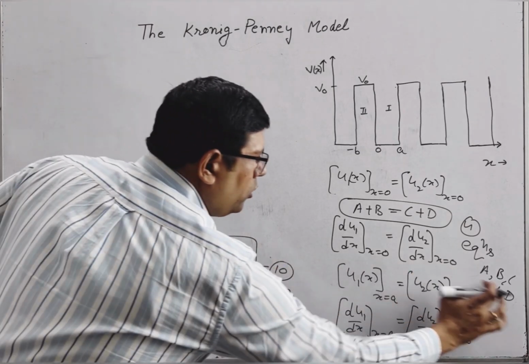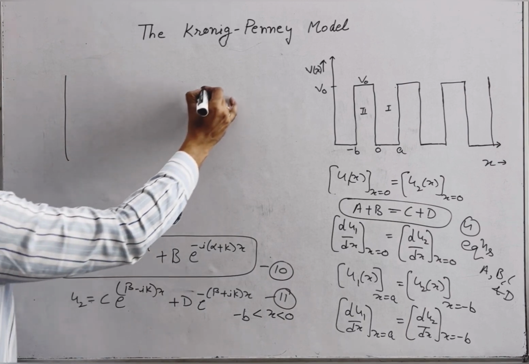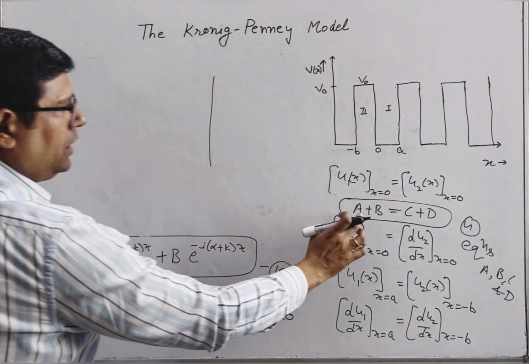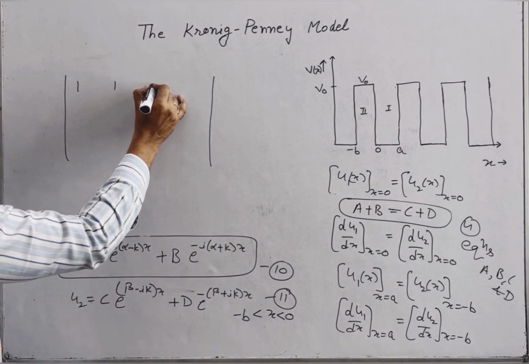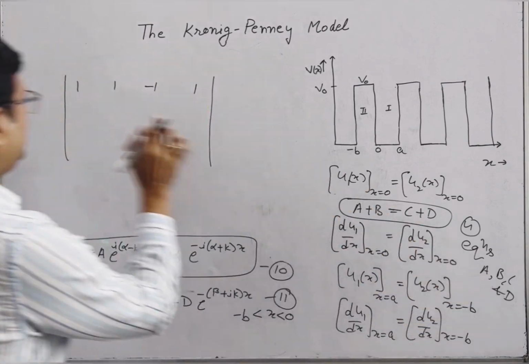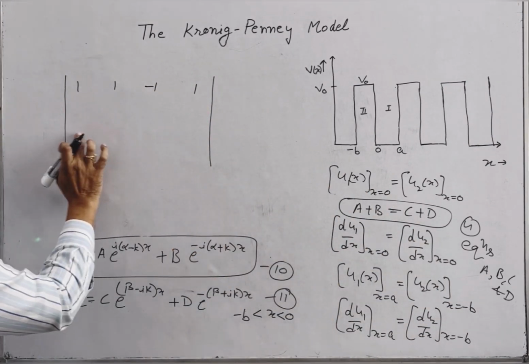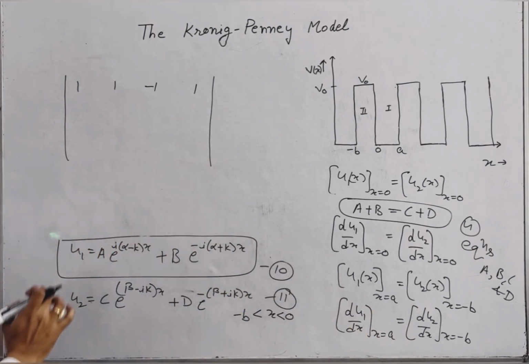From these four equations, we will take the coefficients of A, B, C, D. These are non-vanishing terms, so we will make a determinant where these coefficients are 1, 1, minus 1, 1. From the second equation, the coefficients of A, B, C, D will be here. From the third equation, the coefficients will be here, and from the fourth equation, the coefficients will be here.